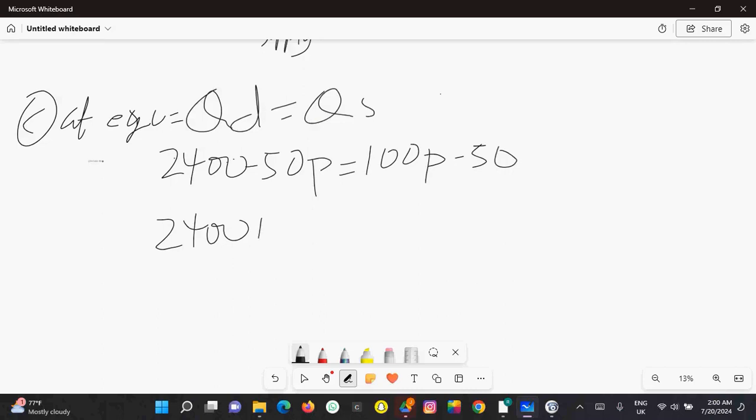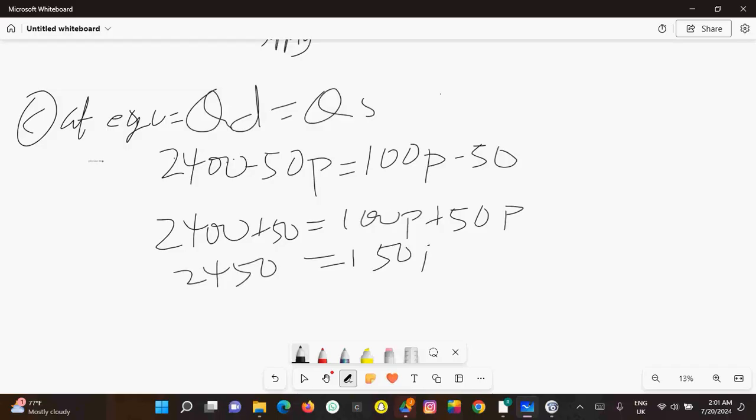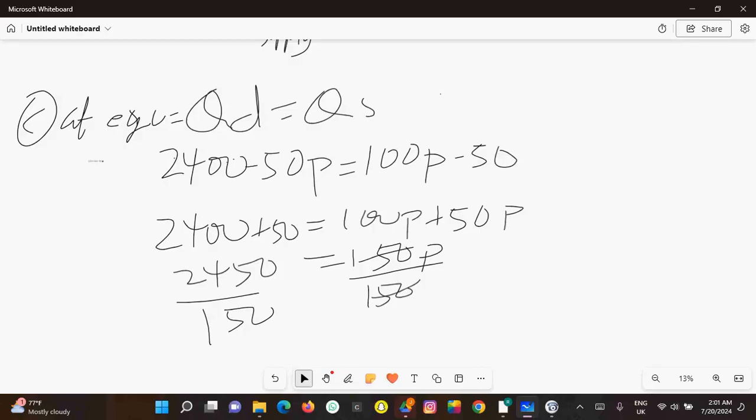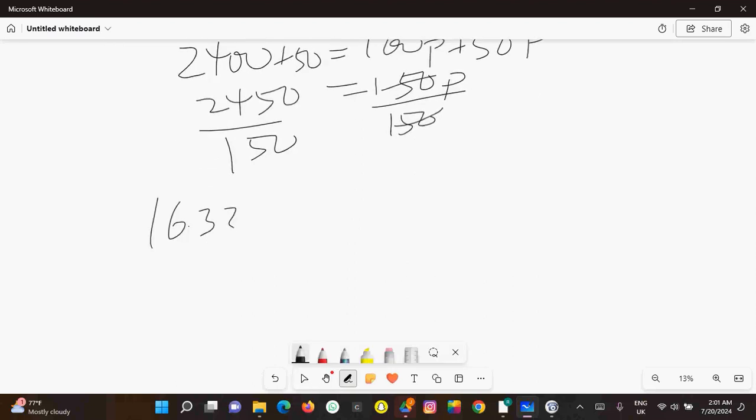So we solve, collecting the terms, and we are getting 16.3 as the price, right?